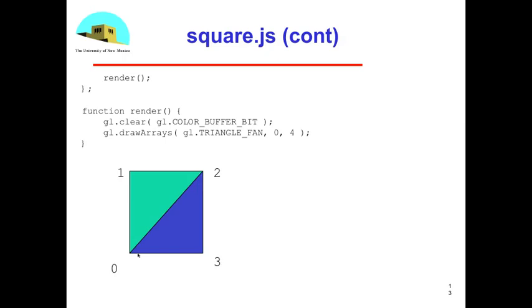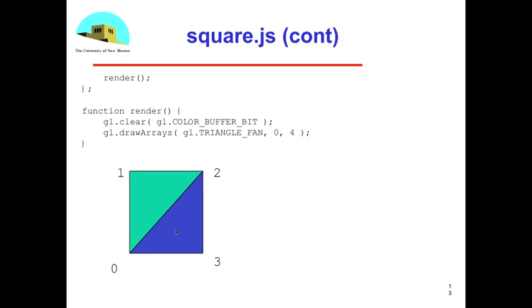So the first triangle is 0, 1, 2. The second triangle is 0, 2, 3. The 3 is the new vertex, 2 is the previous, and you always keep that first vertex, so you get this square out of 2.